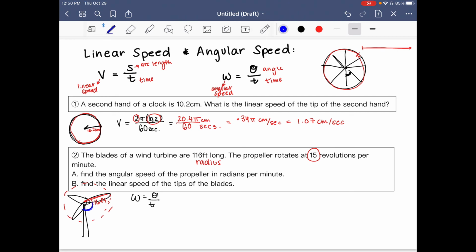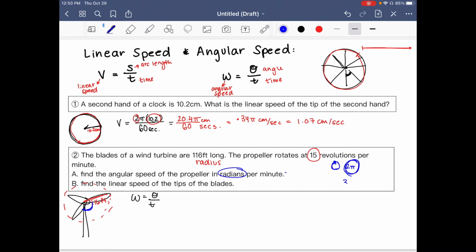That means that we do a complete circle 15 times every minute. Okay, 15 times every minute. So I'm doing 2 pi, because we're talking about radians, they're asking for radians. I'm doing 2 pi as an angle, but I'm doing that 15 times per minute.